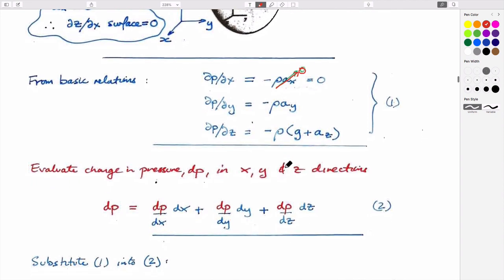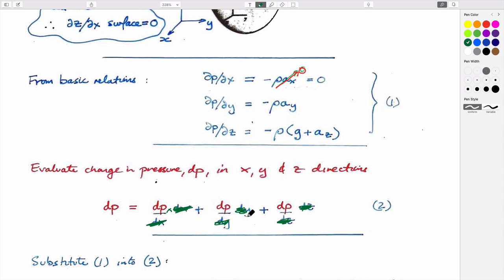And so we can use these relationships which we derived already to say something about how the free surface develops. So we can write that the change in pressure as you go from one place to another in the x direction, a change in pressure in the y direction, and a change in the z direction.